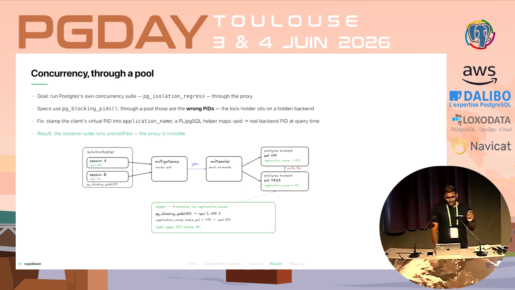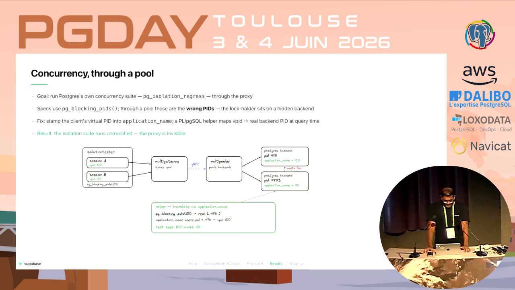That was for the regress, which captures all the single statements. And what about concurrency? Getting the isolation tests to run was also quite a fun puzzle. These tests work by having several sessions deliberately block each other at various points in time. Then they ask Postgres, using the pg_blocking_pids function, which backend process is blocking this backend. The test checks who is waiting on whom. But think about what that means when you have a proxy and a pooler in front.